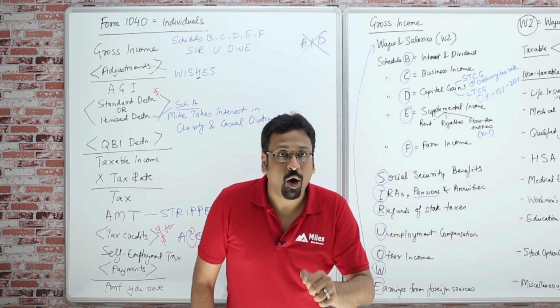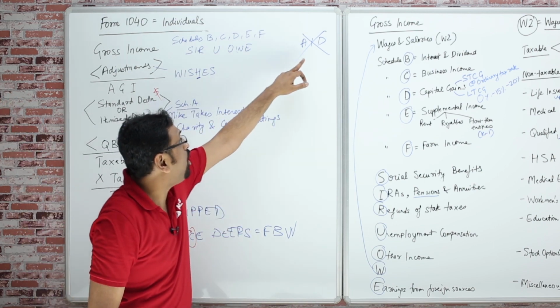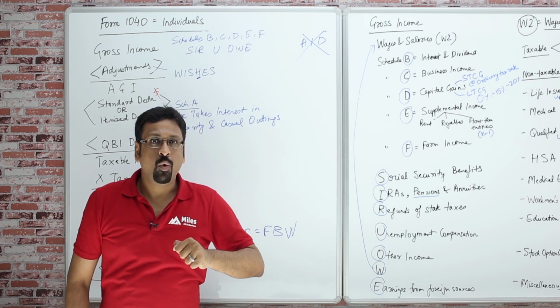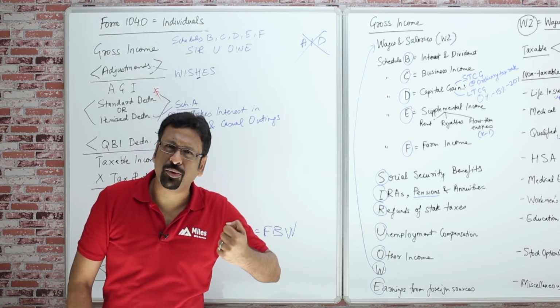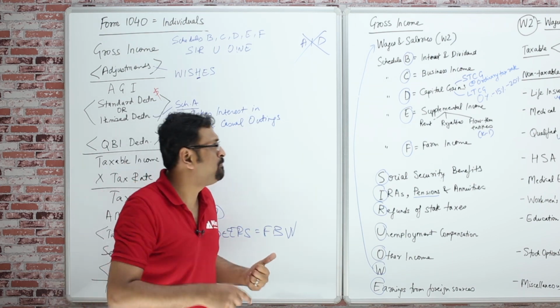The D of AID, and I said it's a token aid from Uncle Sam. The D of AID here is distributions. Now, we spoke about a couple of distributions when we did non-taxable fringe benefits. Let's get there.